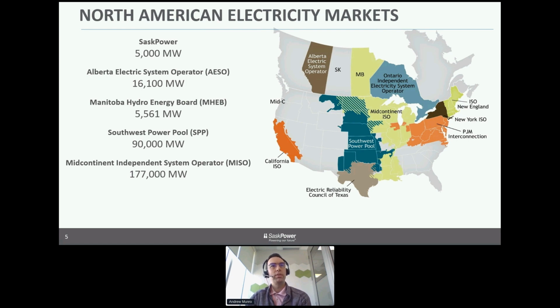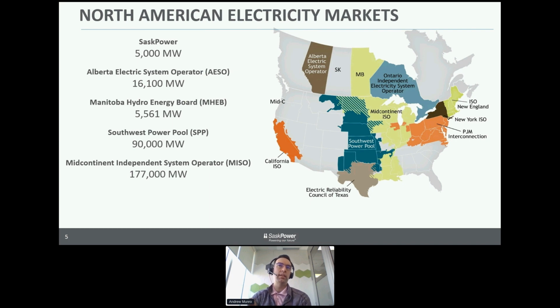And then to our south, we have the Southwest Power Pool. And you can see the geographic diversity that the Southwest Power Pool brings, in that it goes all the way from North Dakota down to the top of Texas, and has over 90,000 megawatts of installed generating capacity.